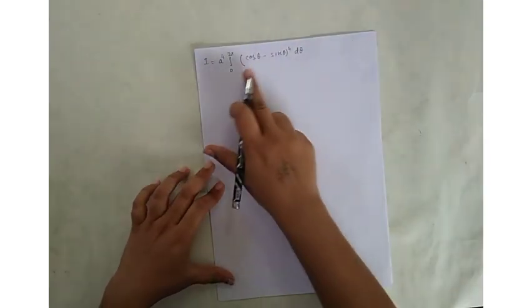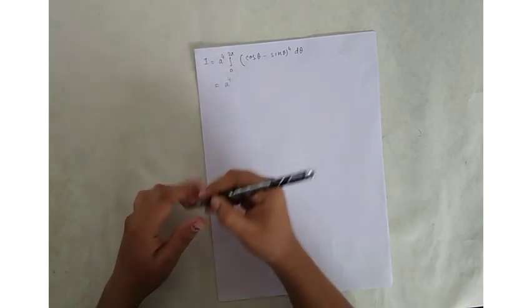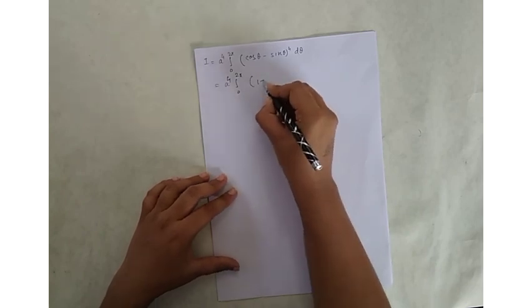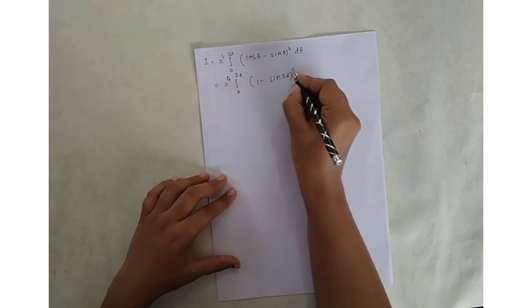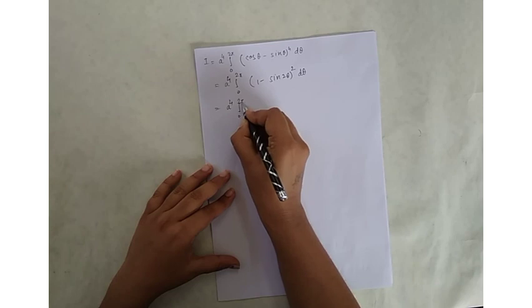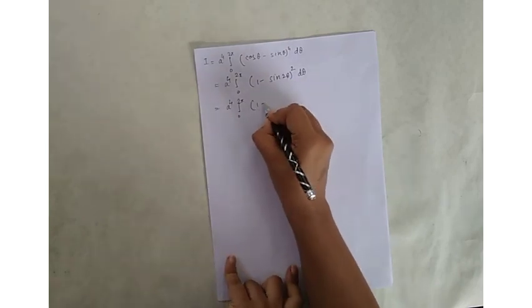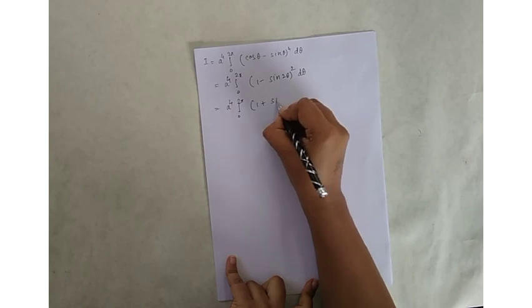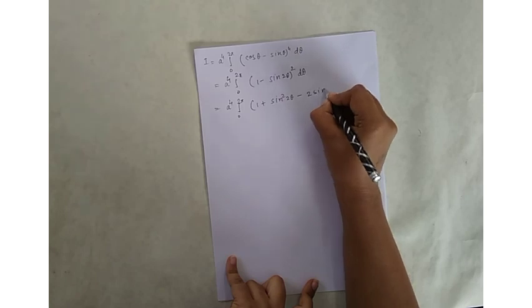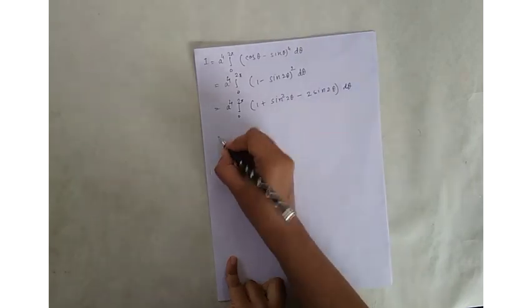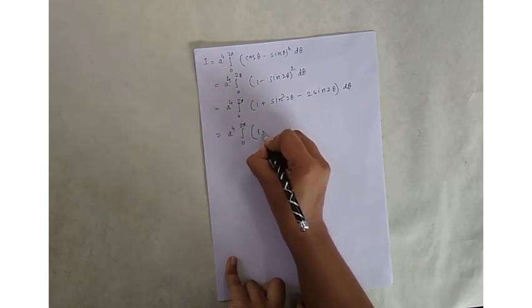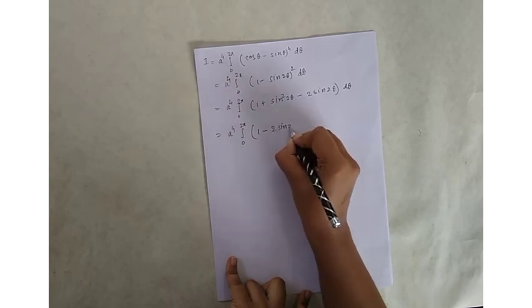So instead of this, we can write it as a raised to 4, 0 to 2 pi, (1 minus sin 2 theta) whole square d theta. Squaring this, we get 1 plus sin square 2 theta minus 2 sin 2 theta into d theta.